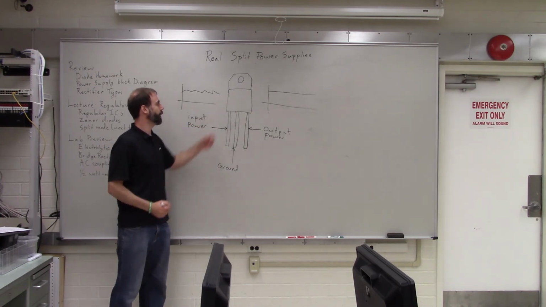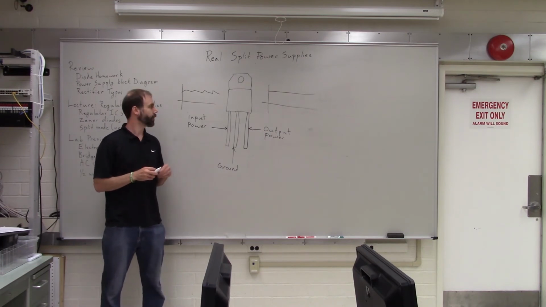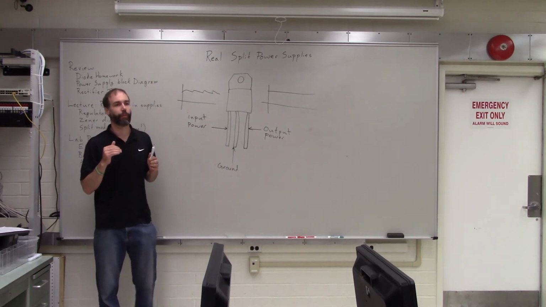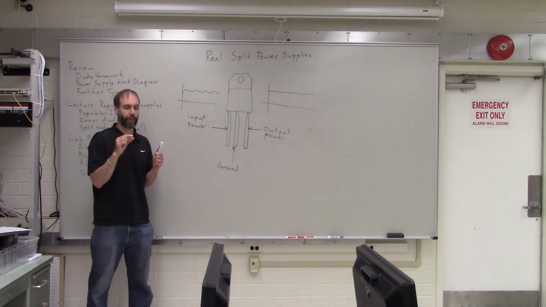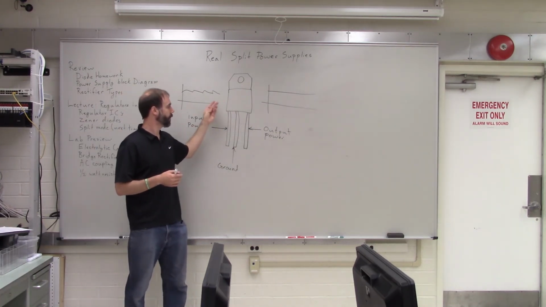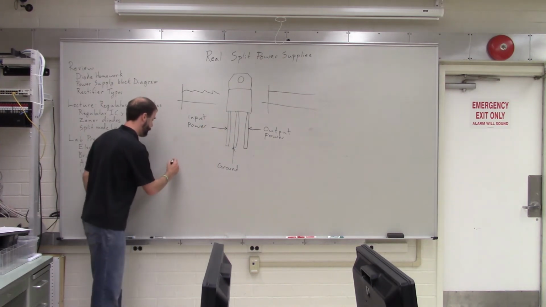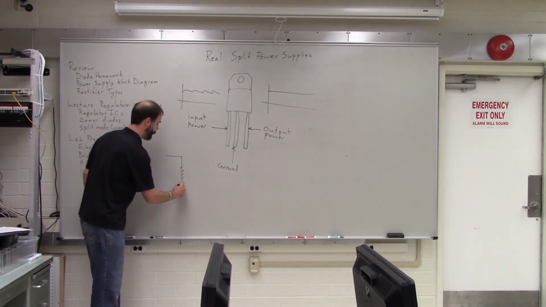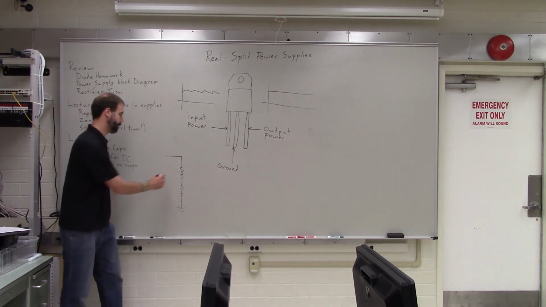The way that it works is it uses something called feedback control. So basically inside here, it's got a little reference where it knows what voltage you're trying to create, and then it has a little variable resistor in a voltage divider circuit.